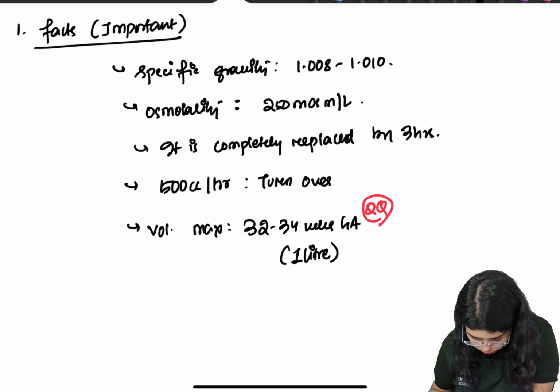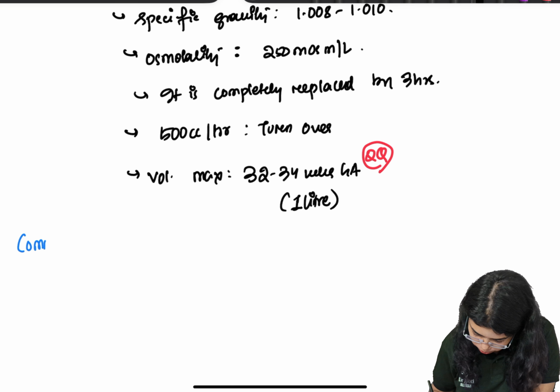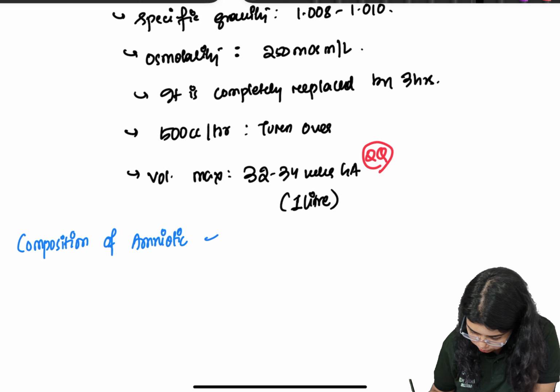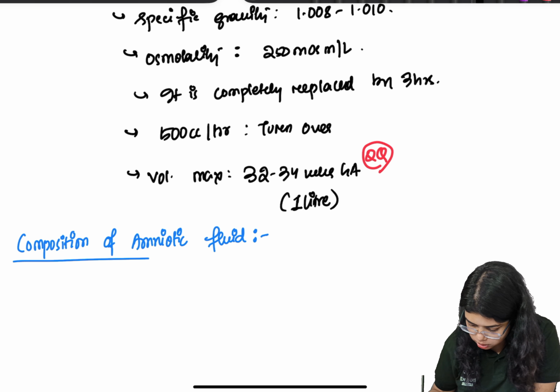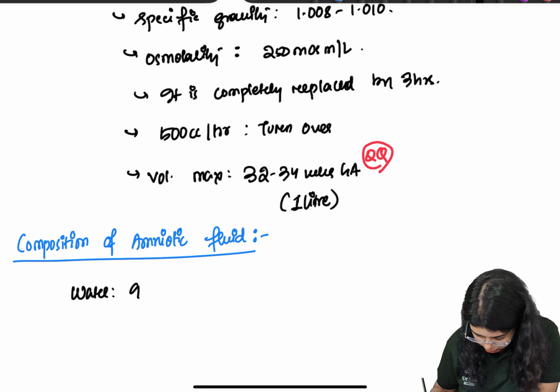Then what is the composition? Amniotic fluid mostly consists of water, 98 to 99%.